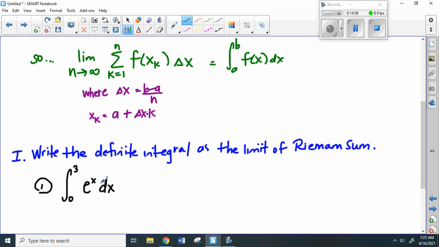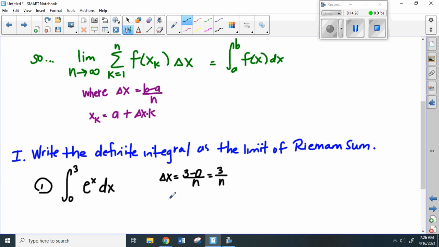So how do I go from integral to limit? Well, I need to figure out what delta x is first, and that's b minus a over n. We don't know n, right? We're trying to find the exact area, so n is going to stay in.